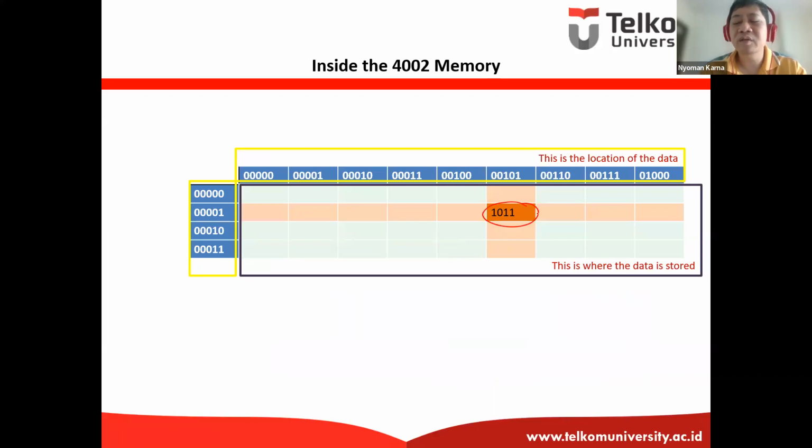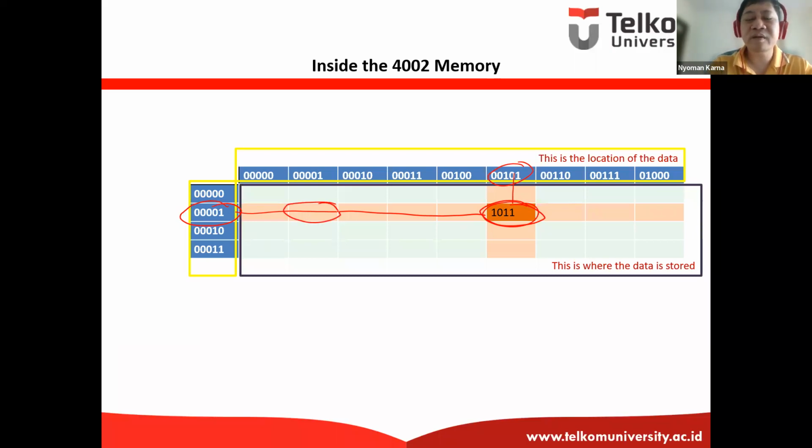I want to retrieve this data. Okay, you need to specify the address. Okay, the address is, the column is 00101 and the row is 00001. Okay, I'm going to read that. Okay, so this is the data that you want to retrieve. Then this data will be sent to the data bus. And how about this cell?